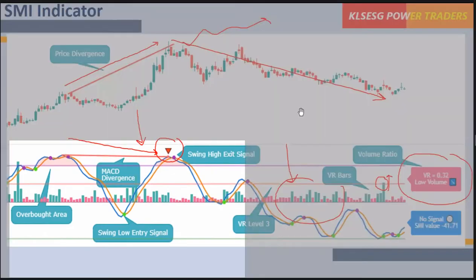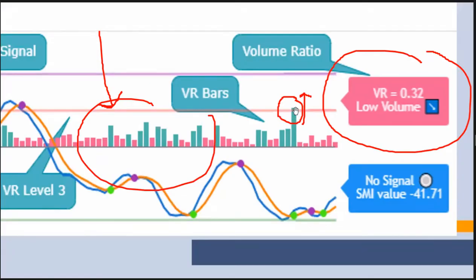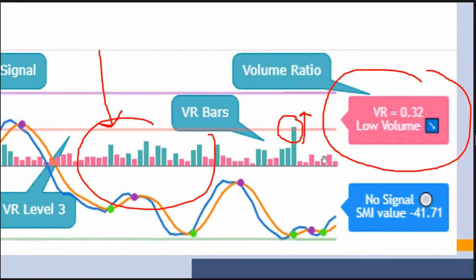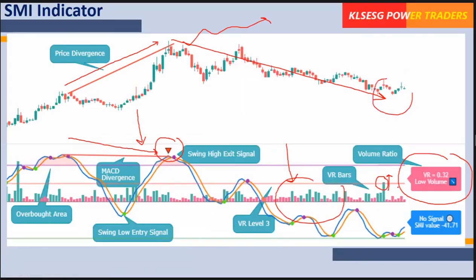If this green volume shoots over the pink line here, the level 3, then it's overextended. Now the VR is red, 0.32, which is very low volume, low selling volume in this area. There's a VR reading here.